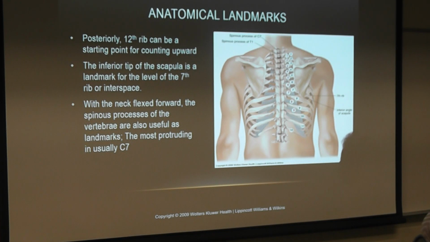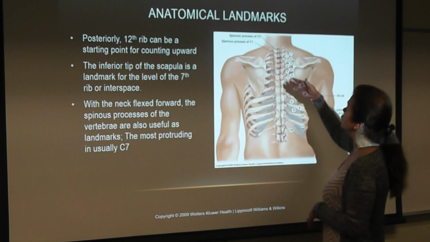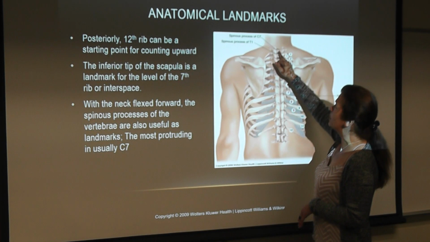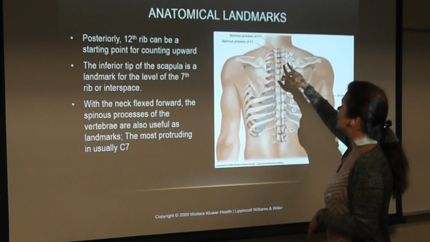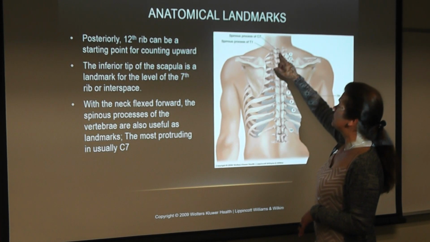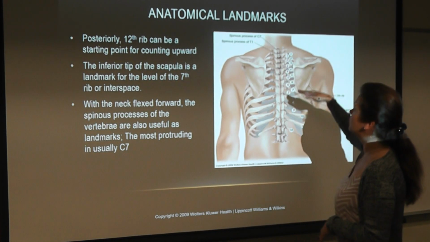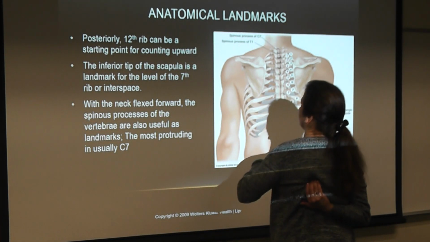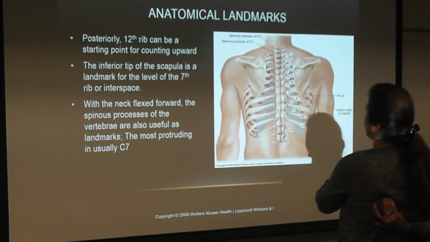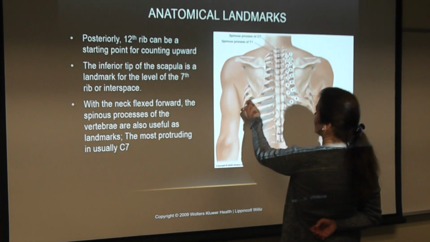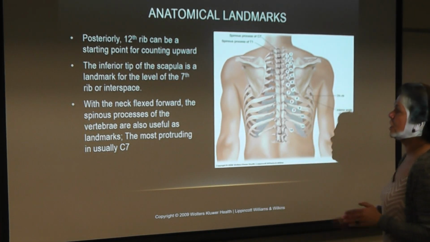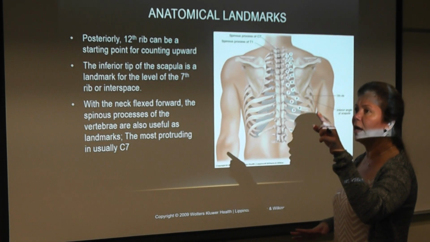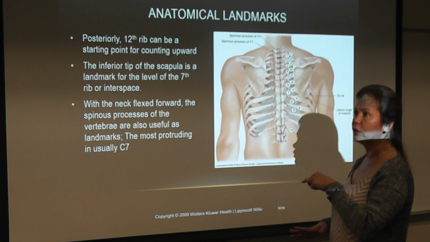Posteriorly, you're able to count all the spinous processes. The most protuberant one when the patients flex the neck is C7 and T1. Then after that, if you're able to locate the inferior tip of the scapula, that will be the seventh rib, which again, is basically where the oblique fissure finishes.